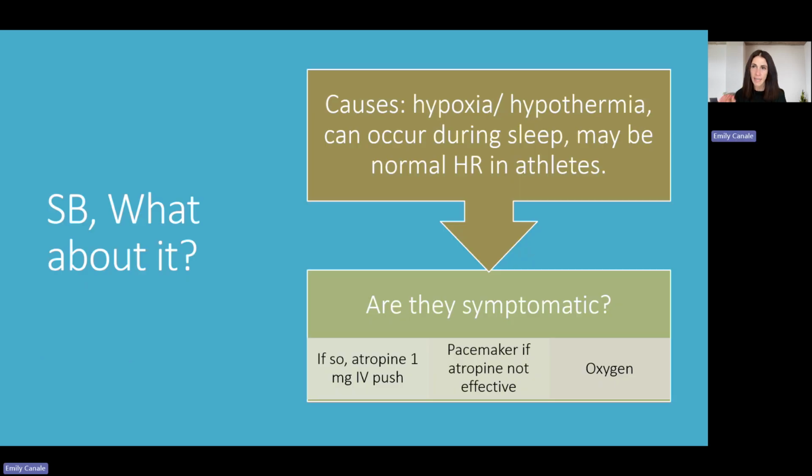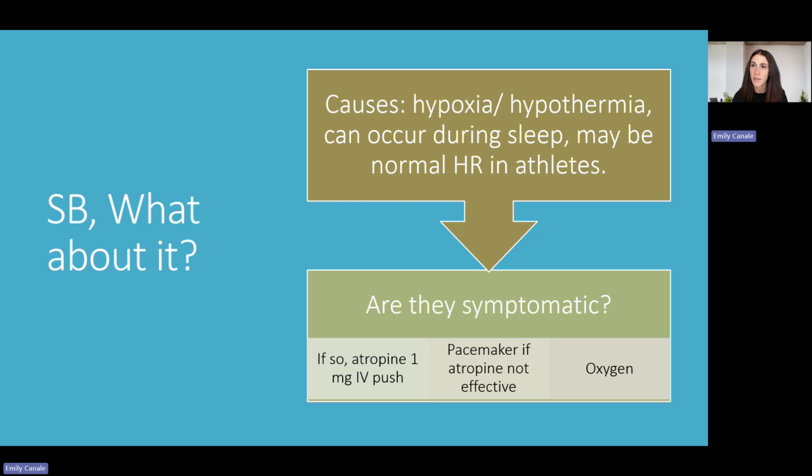So what do we think about when we think about dysrhythmias? You have to think, are they symptomatic or not? Because if they're not having symptoms, you probably are not going to treat it for any dysrhythmia. Okay? Because this is not necessarily a lethal dysrhythmia. If you're an athlete, if you're a runner, you might normally have a low heart rate.